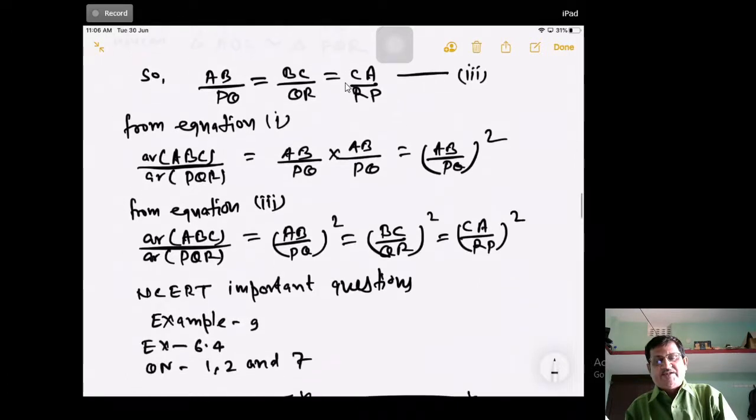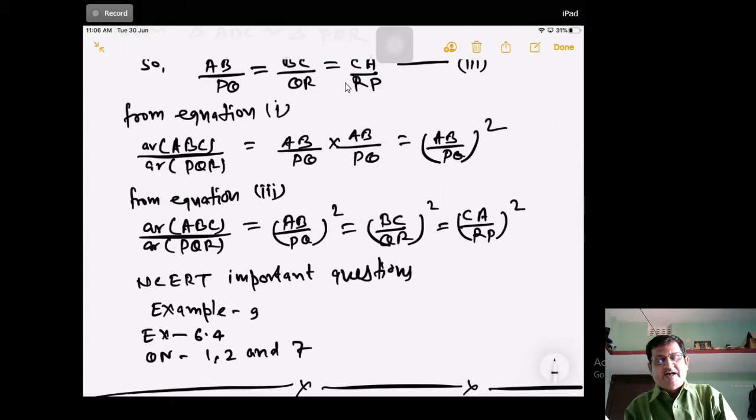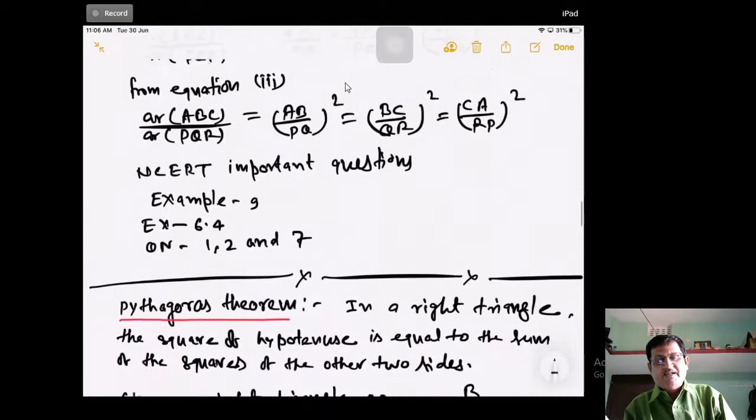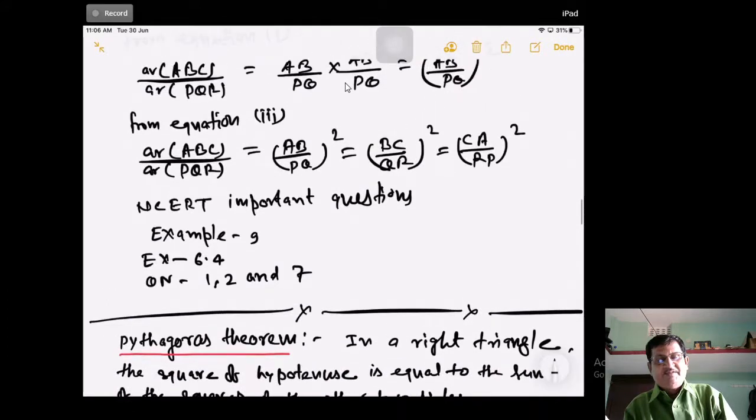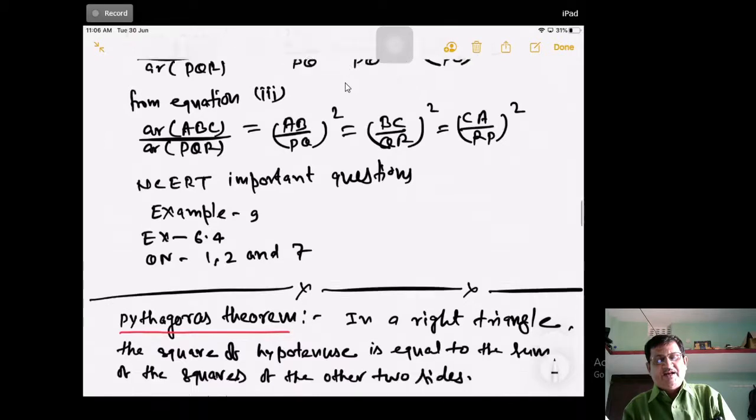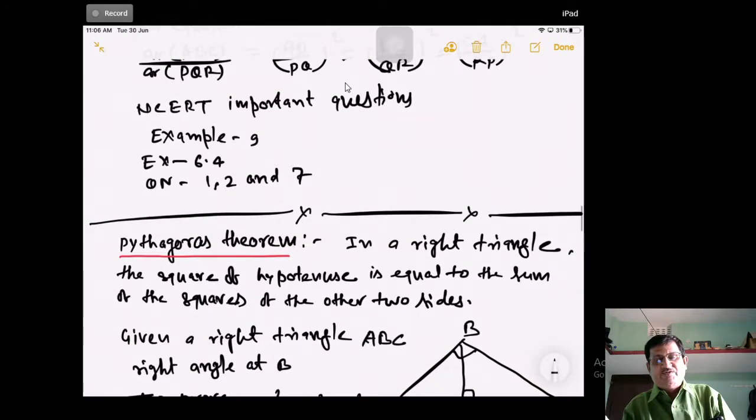Now from equation third, area of triangle ABC upon area of triangle PQR is equal to (AB by PQ) square, (BC by QR) square and (CA by RP) square. For questions related to this theorem, go to exercise 6.4 and solve question number 1, 2 and 6.